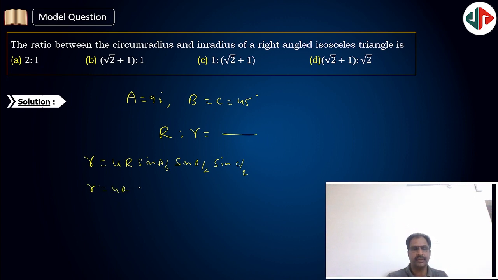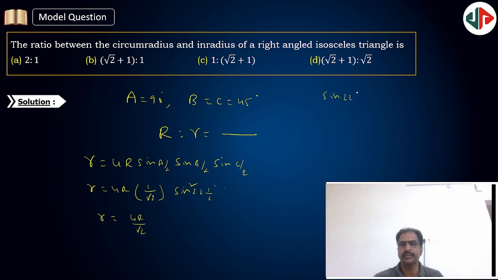Angle A is 90, so A by 2 is 45, and sin 45 is 1 by root 2, into sin B by 2, which is 22 and a half, into sin 22 and a half, so sin square 22 and a half. So r is equal to 4R by root 2. What is sin 22 and a half, from multiple angles?